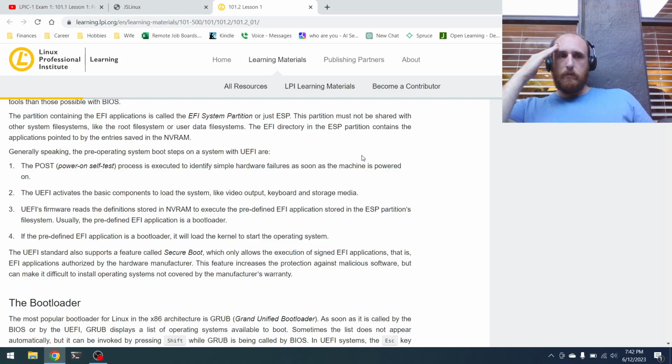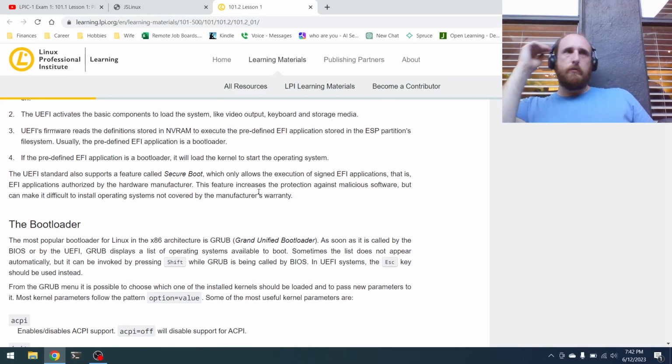Generally speaking, the pre-operating system boot steps on a system with UEFI are: Step 1. The post power on self-test process is executed to identify simple hardware failures as soon as the machine is powered on. Step 2. The UEFI activates the basic components to load the system, like video output, keyboard, and storage media. Step 3.